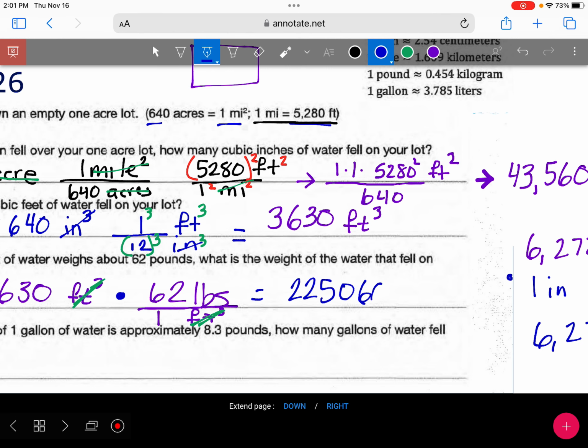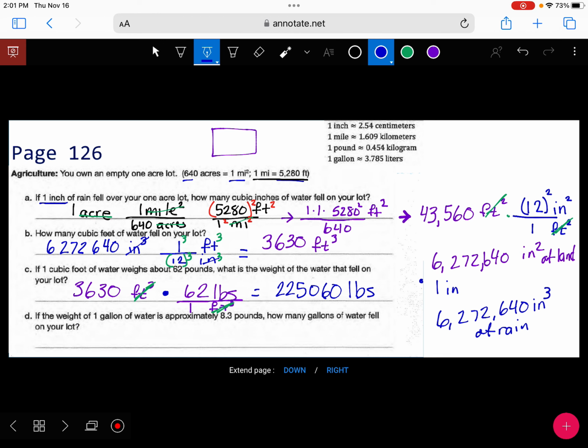That is a lot of water. Cubic feet doesn't mean a whole lot to us right now. But 225,000 pounds, that's a lot.